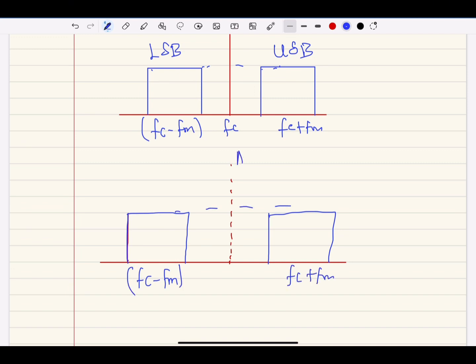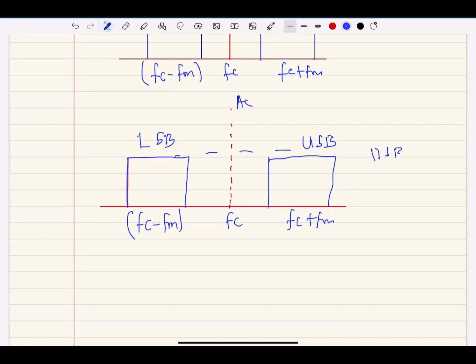Now our carrier amplitude, or our carrier part, has been suppressed. And this is my USB once again, and my LSB. So this is the DSB-SC, double sideband with suppressed carrier.